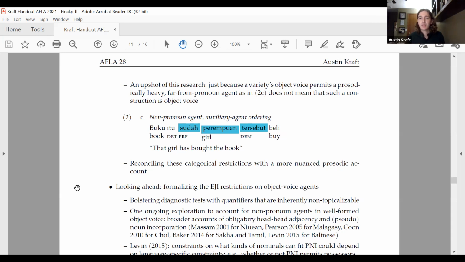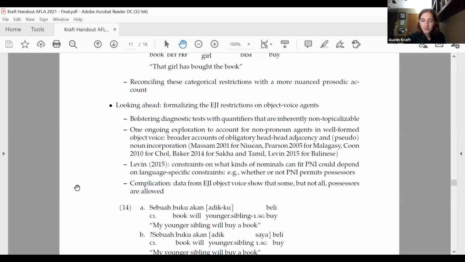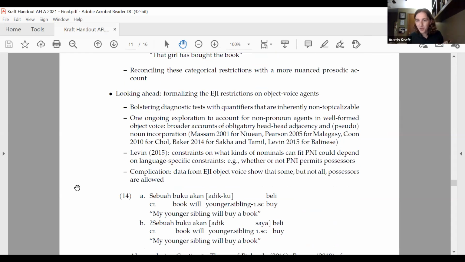So cross-linguistically, looking at obligatory head-head adjacency, noun incorporation, pseudo-noun incorporation, especially with unpromoted external arguments in non-active constructions that have been documented in languages neighboring Indonesian as well as those quite distant. It's previously been proposed that the constraints on nominals that can fit in the context of pseudo-noun incorporation could depend on language-specific constraints, for instance, whether or not possessors are permitted in the nominal. A complication here, again, to return to 14, is that some possessors, but not all possessors, are acceptable in object voice agents.